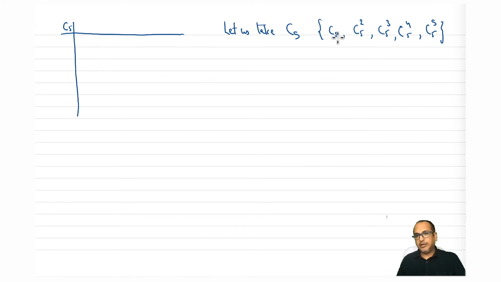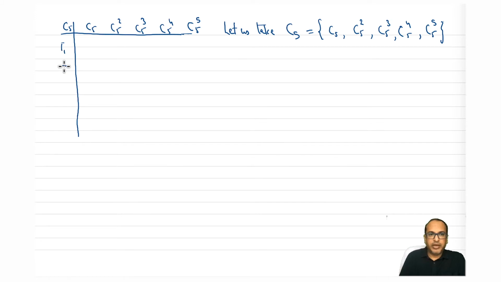So these are the 5 symmetry operations here: C5, C5 square, C5 cube, C5 4, C5 5. Okay. Now, because each element is a class, we should have 5 classes. That means we should have 5 IR representations, right? Tau 3, tau 4, tau 5.